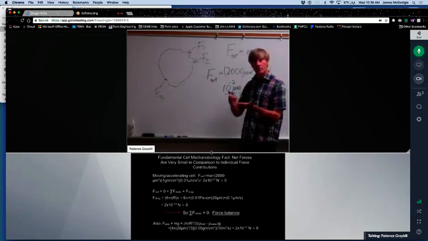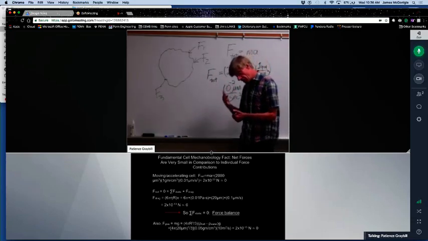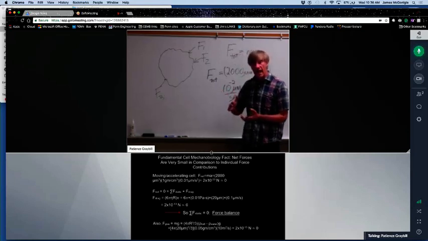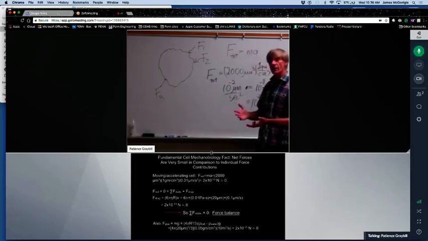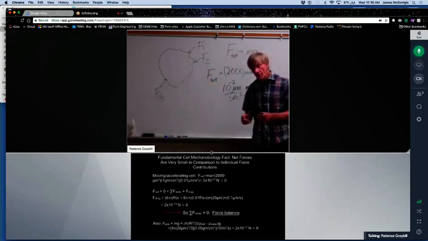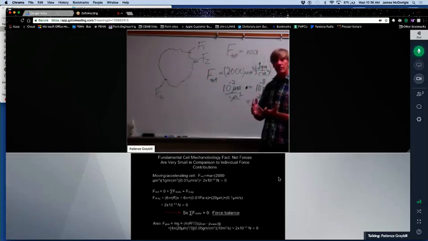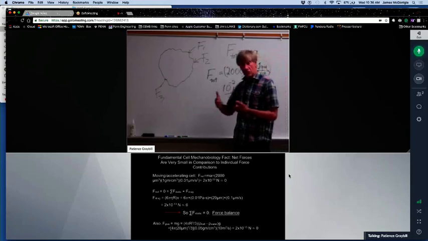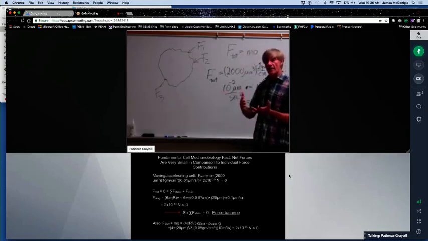And in fact, you know from your mechanics that to keep an object moving at a constant velocity requires no force. So there's really very little net force on the cell. And the cell, as it moves through a viscous environment, experiences a drag force, but it turns out that that's very small as well.